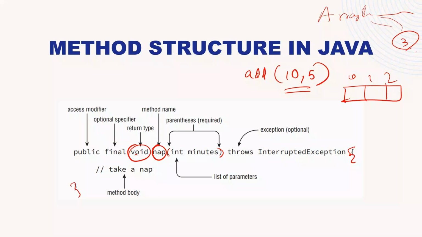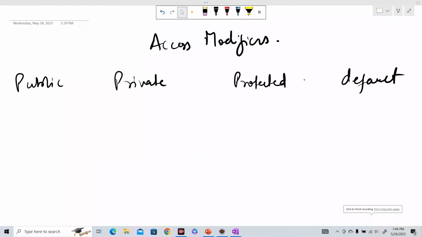So let us move on and talk about access modifiers, guys. Java provides you with four types of access modifiers: public, private, protected, and default. You can also call them access specifiers, whatever you want to call it. You can mark access modifiers or specifiers on an element, for example a variable, a method, or a class in Java.